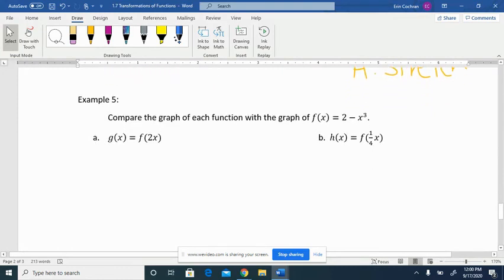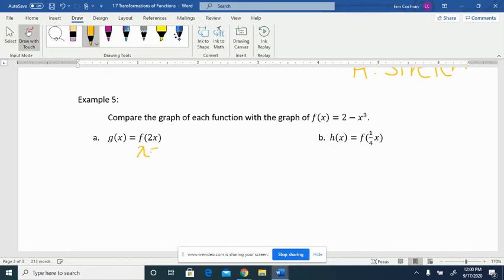All right, example 5. Compare the graph of each function with the graph of f of x equals 2 minus x cubed. So we're evaluating f of 2x. That means we're going to evaluate when x is equal to 2x. So actually it would be g of x. G of x will equal 2 minus, what is replacing my x?